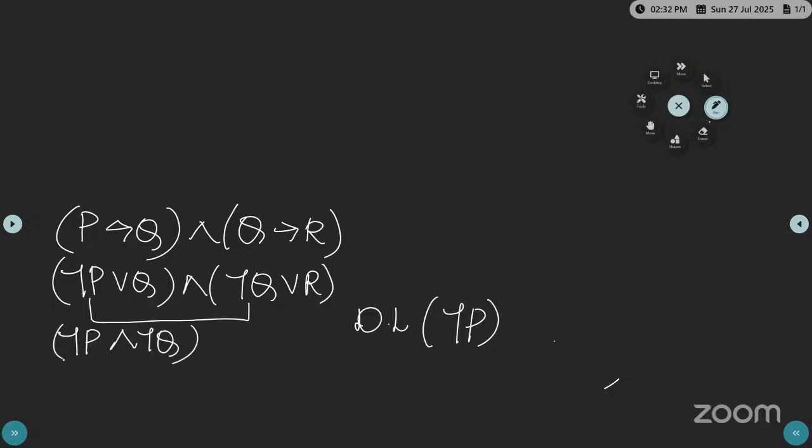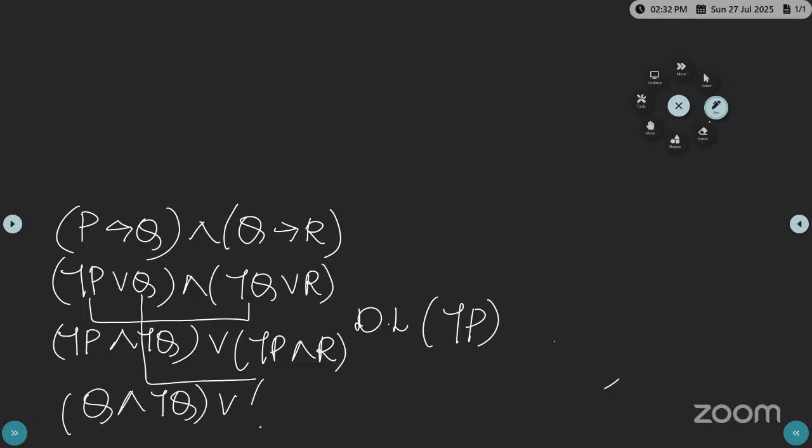Correct? ఇప్పుడు దీని మధ్యలో ఏముంది? ఆర్ ఉంది. నెక్స్ట్ నెగేషన్ P and R. అయిపోయిందా? In the next step, leave it like this. In this step, I'm going here. So I'm taking Q and negation Q or Q and R. So what is there in between them here?